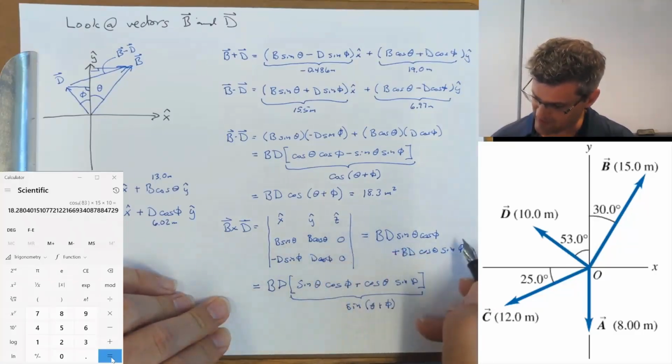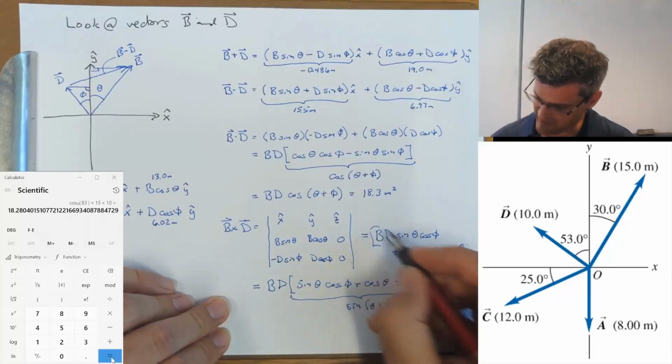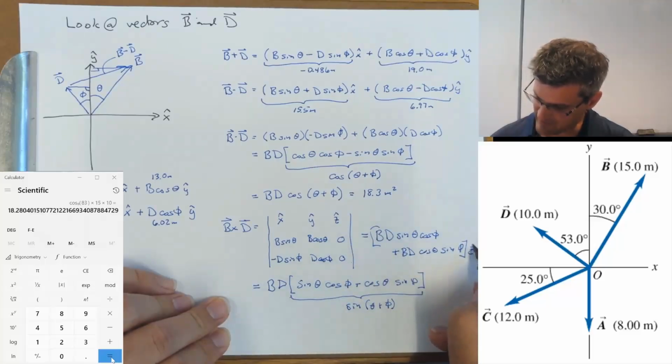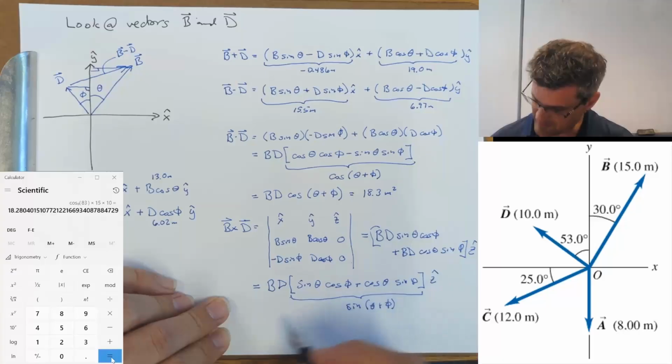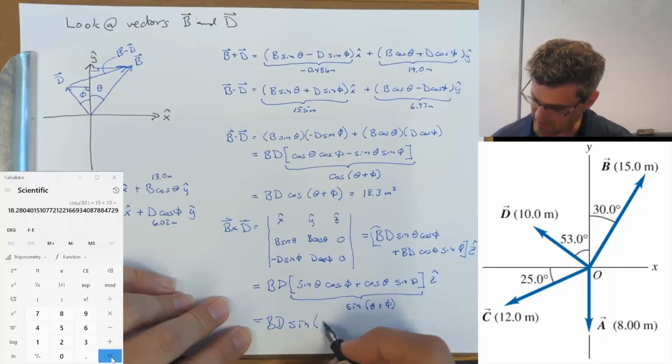Now we've got a direction here. This is all in the z direction. So we've got B, D, sine of the angle between, theta plus phi, in the z.